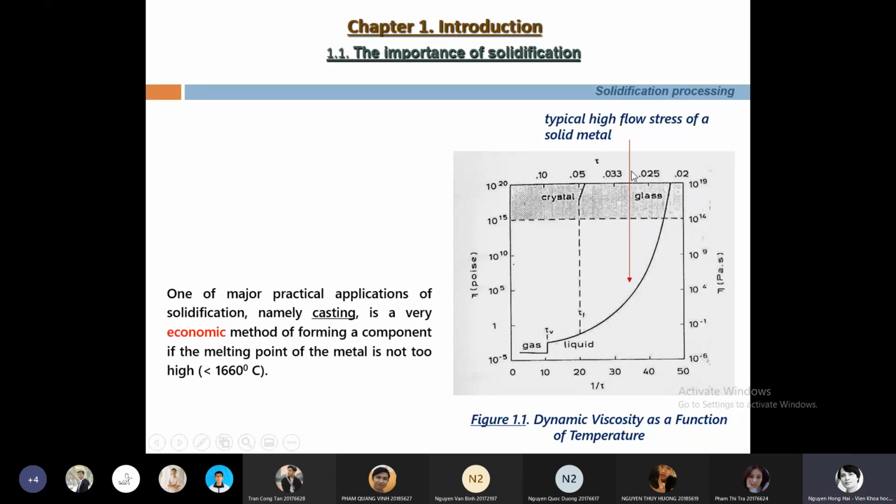And for solid, very high flow strength for solid metal. But for liquid, almost zero shear strength. So we can save a lot of money making the component from the liquid state rather than from the solid state.